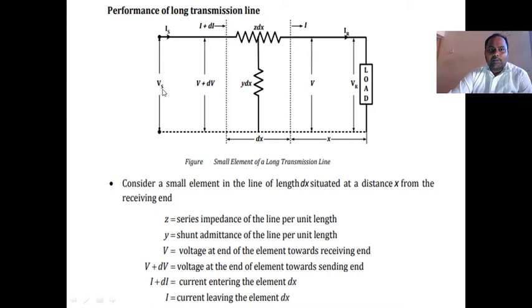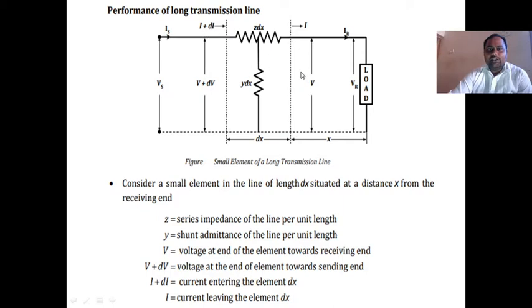In the diagram, Vs is the sending end voltage, Is is the sending end current, IR is the receiving end current, VR is the receiving end voltage. At a particular point, there is a voltage V and current I on the receiving end side. Next, on the sending end side, the same voltage changes to V plus dV. The same current changes to I plus dI.